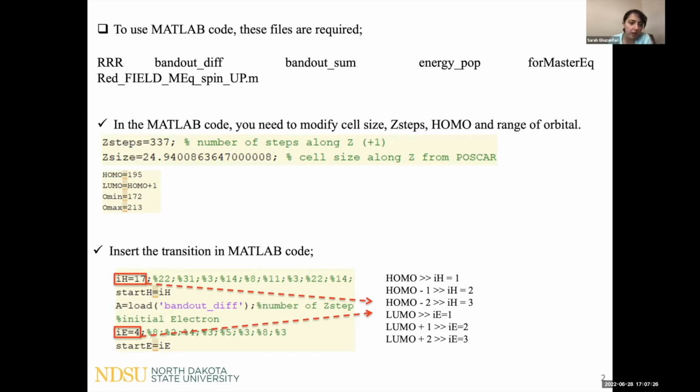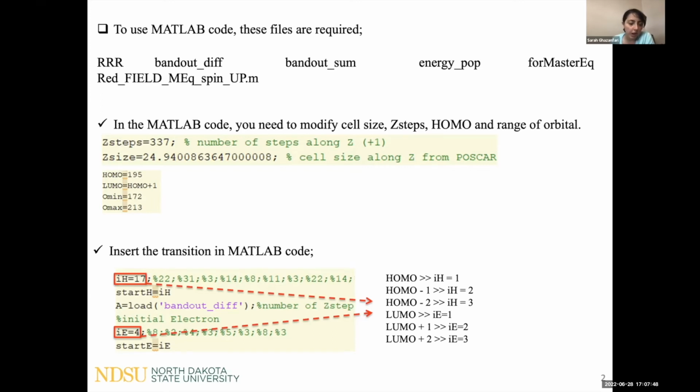We need to specify the number of HOMO and LUMO, the range of orbitals that we want, the number of steps, as well as the cell size in the z direction, and of course the transition that we are interested in.